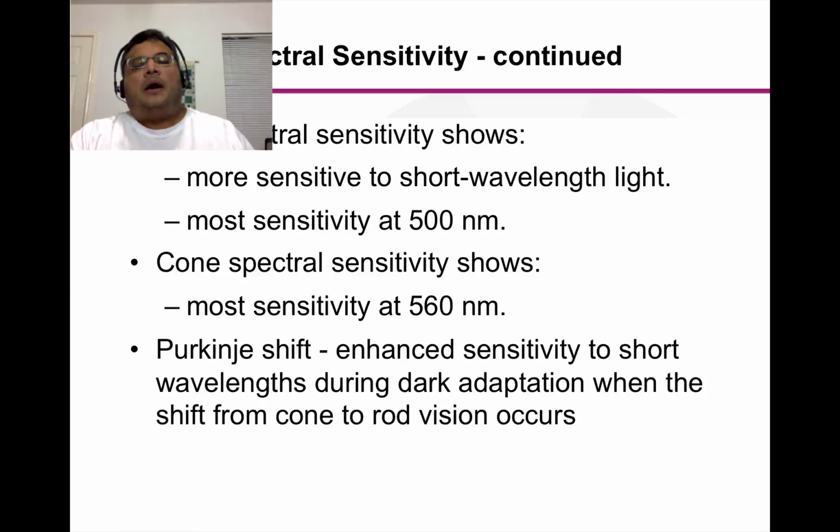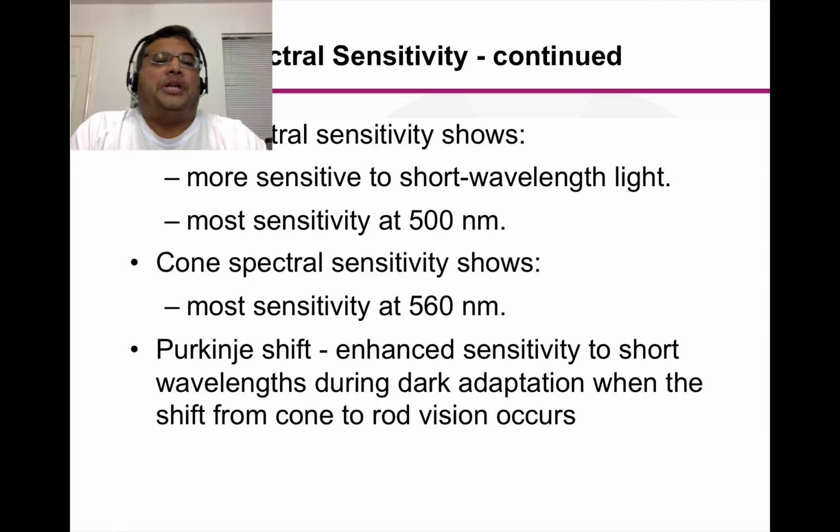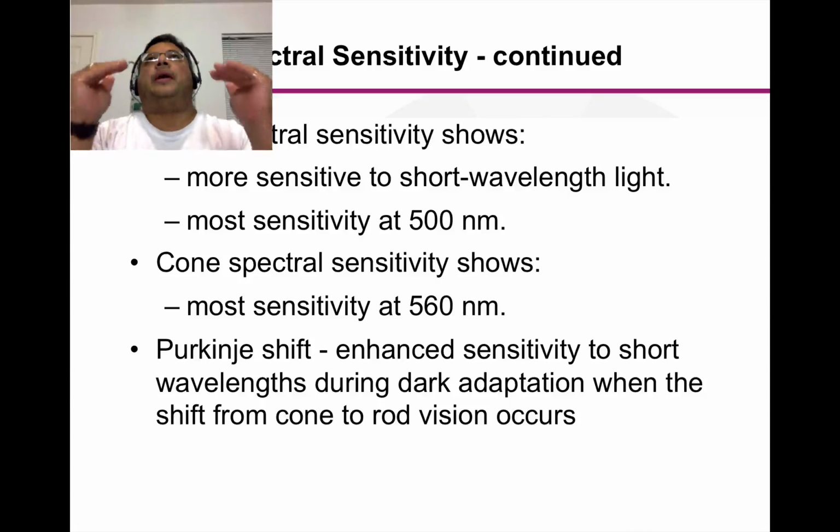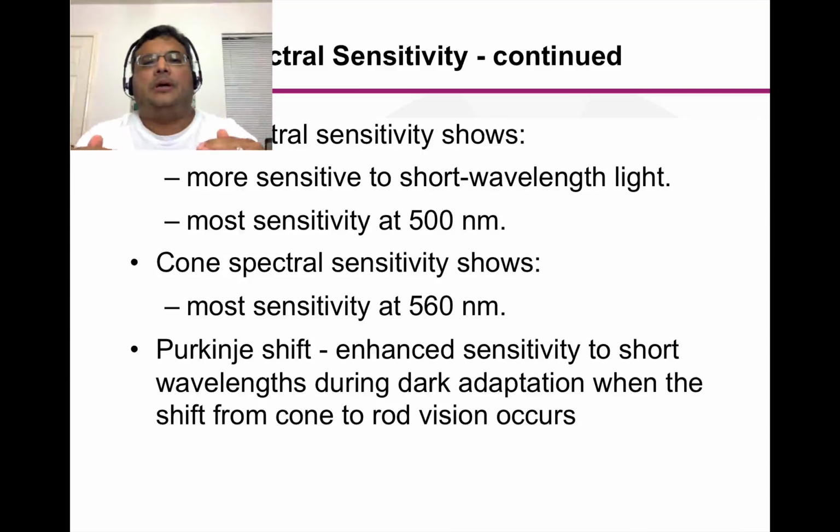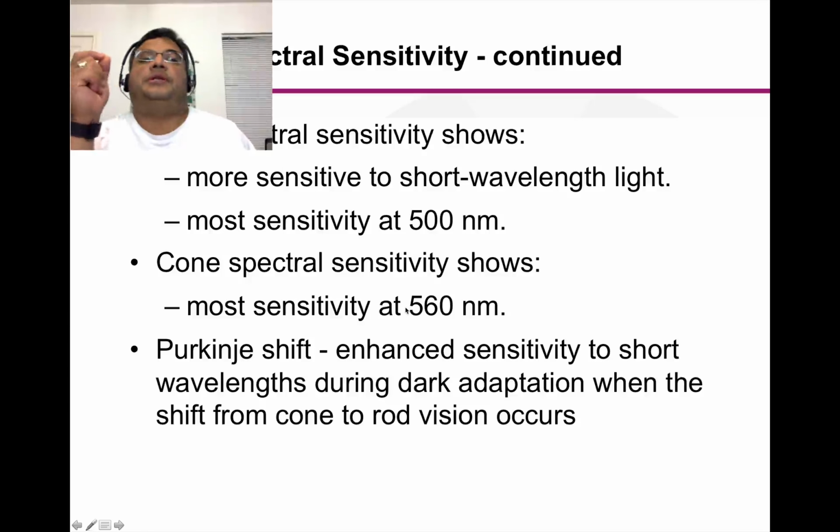There's this really cool effect called a Purkinje shift, where you can enhance the sensitivity to the short wavelengths during dark adaptation. In other words, as your eyes become adapted to the dark, you get more sensitive to around 500 nanometers instead of 560 nanometers.